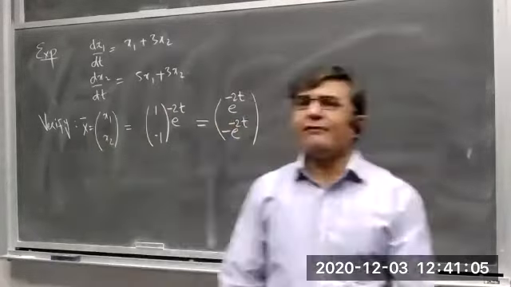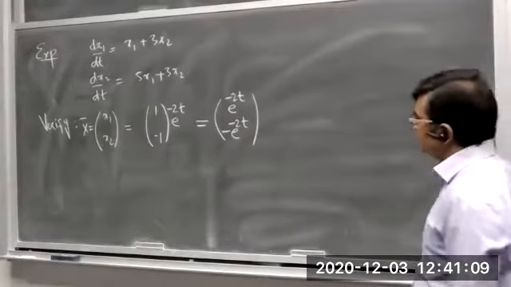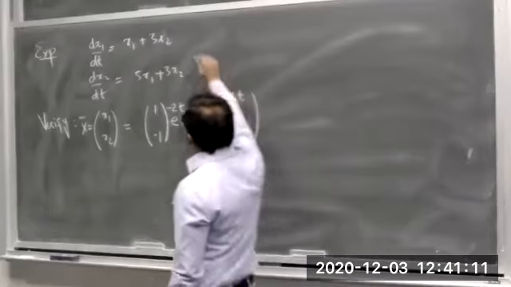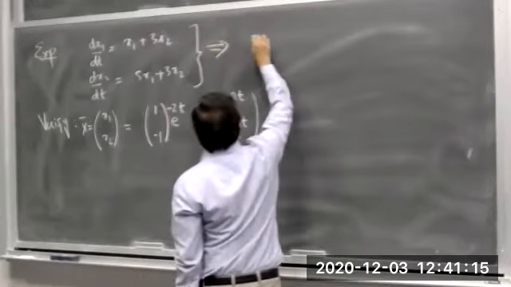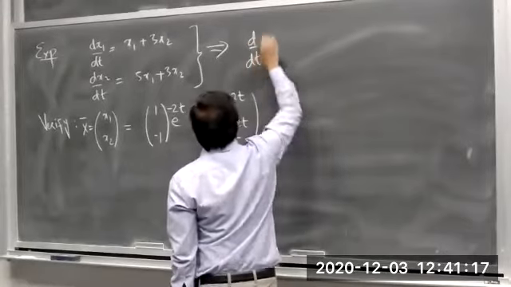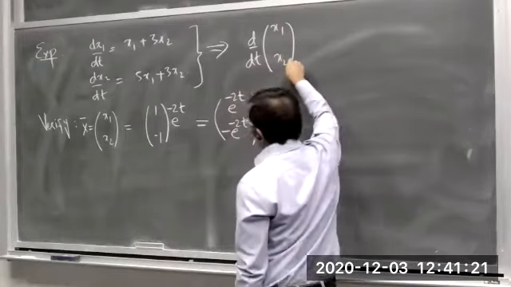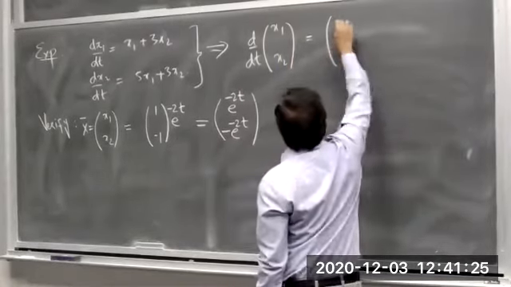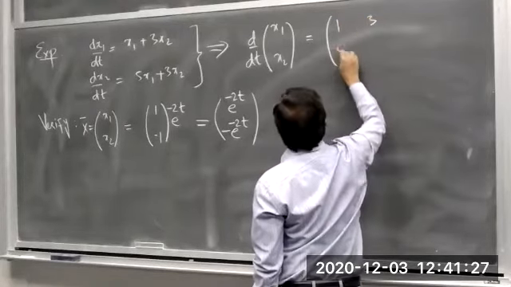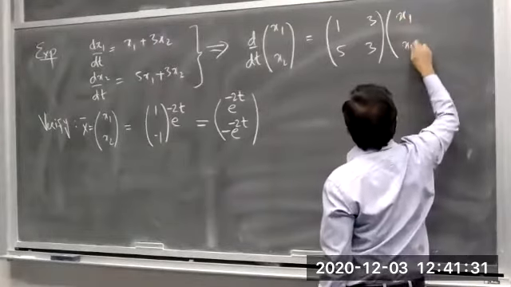We need to verify whether this is a solution of the given system or not. So this system can be written in matrix form: d by dt of (x1, x2) is equal to the matrix (1, 3; 5, 3) times (x1, x2).